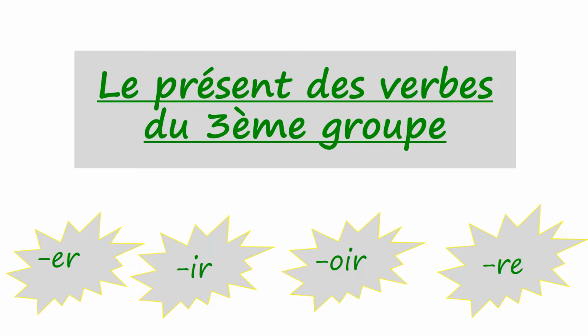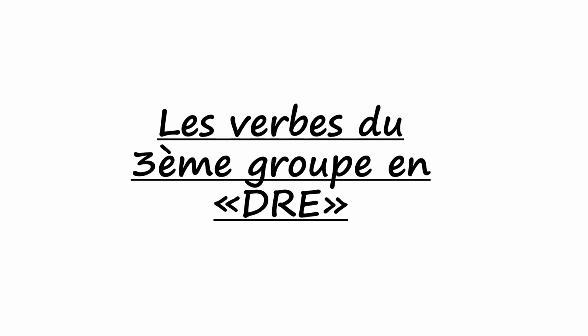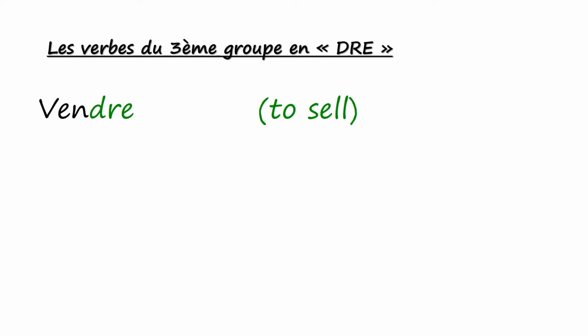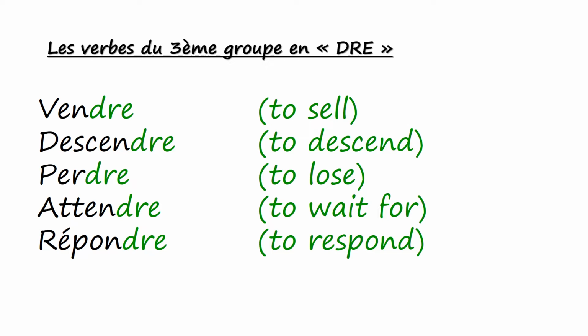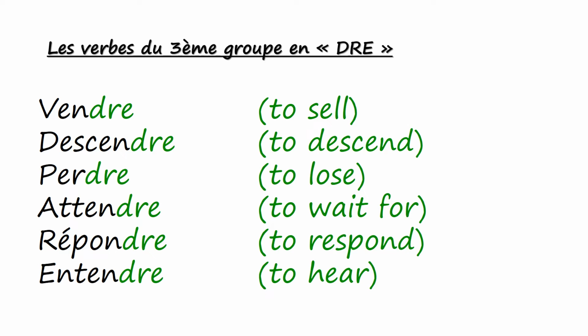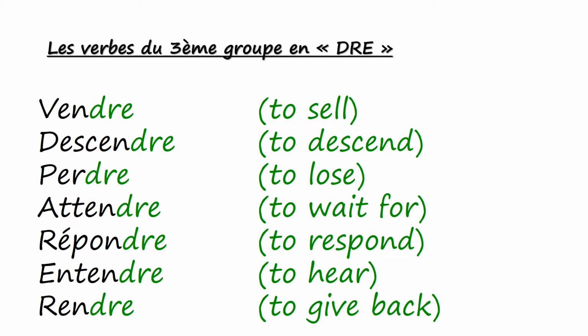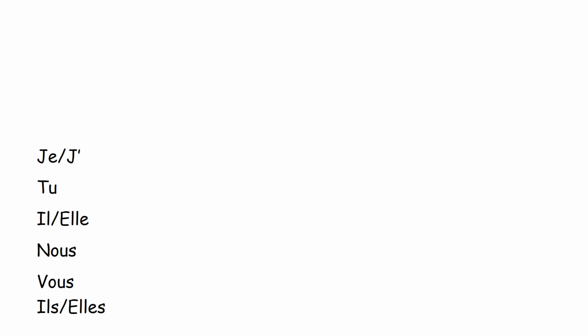Alright, let's get started. So let's see the first category of RE verbs, which is DRE. Here we have a few examples of DRE verbs like vendre, descendre, perdre, attendre, répondre, entendre, rendre. Now let's see how we conjugate these verbs.